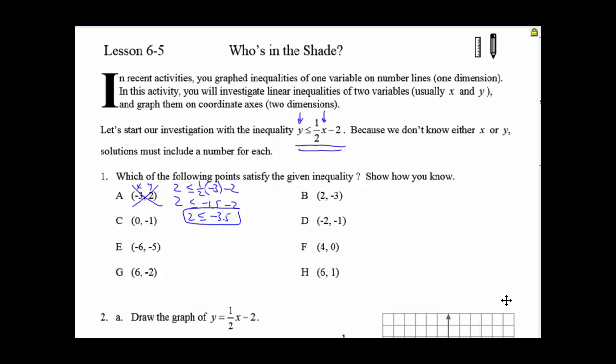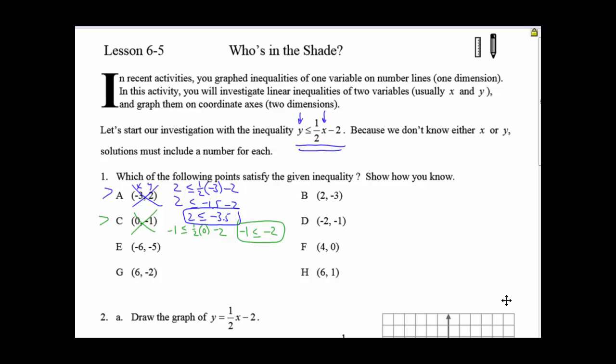What really is true is 2 is greater than. So let's move down. Let's go to C. If we plug in C, we get negative 1 is the y, which is again less than or equal to 1/2 times 0 minus 2. This gives us negative 1 less than or equal to negative 2, which is again a false statement. Negative 1 is greater than negative 2.